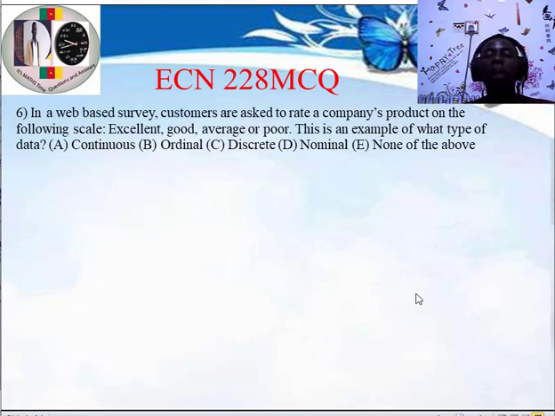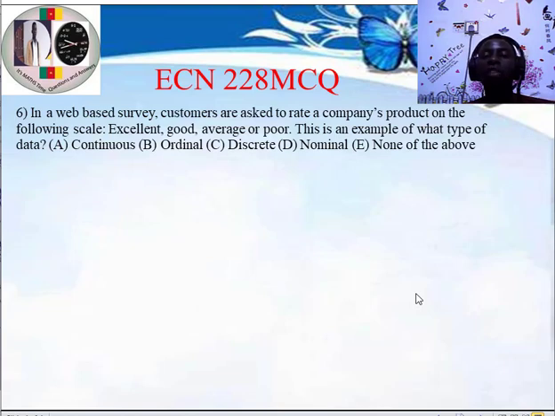Now when we talk about ordinal data, we talk about data that has a particular order. So if we are classifying it, we can classify based on the particular order, from the best to the poor, which is excellent, good, average, and poor.